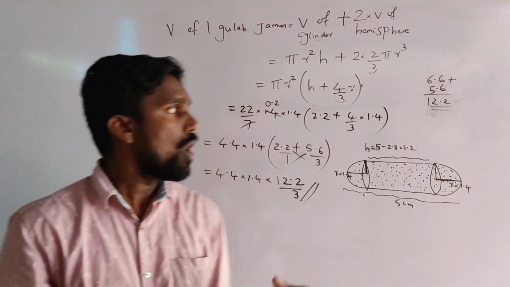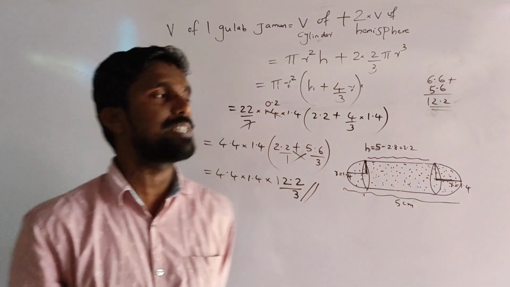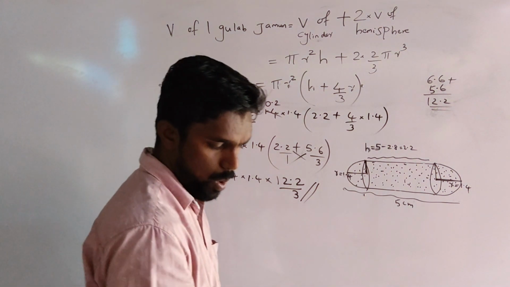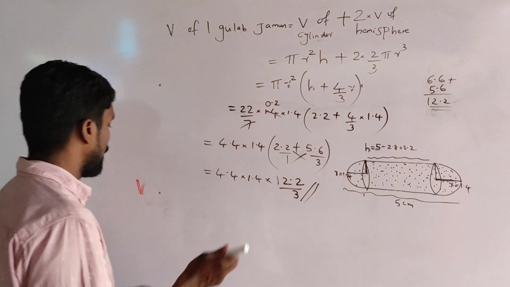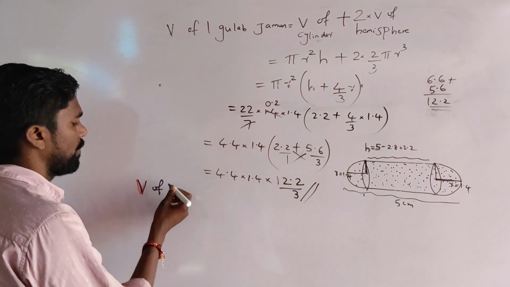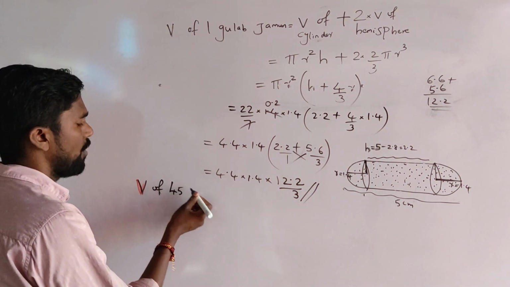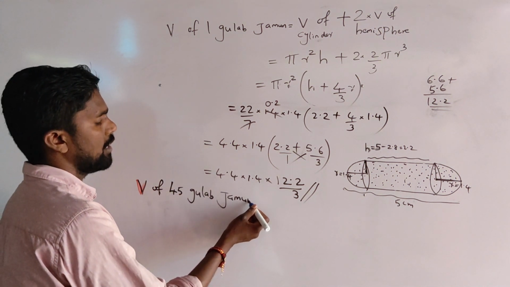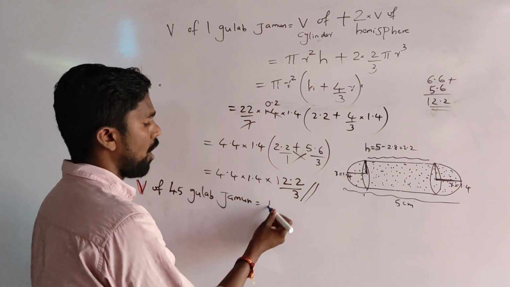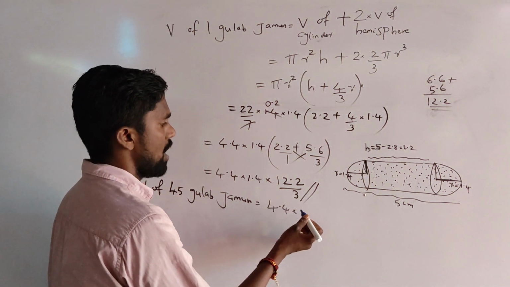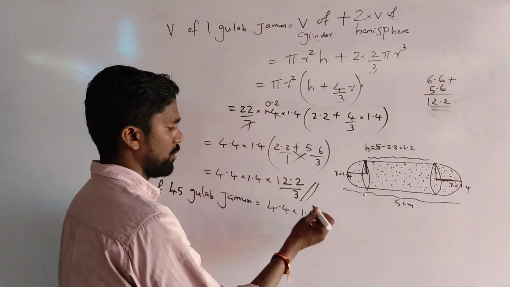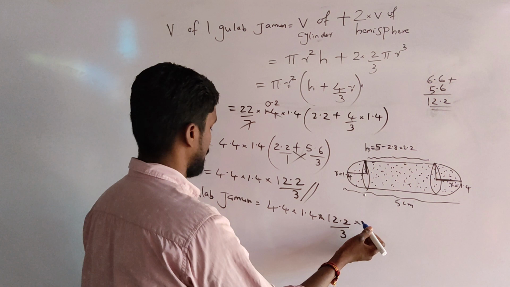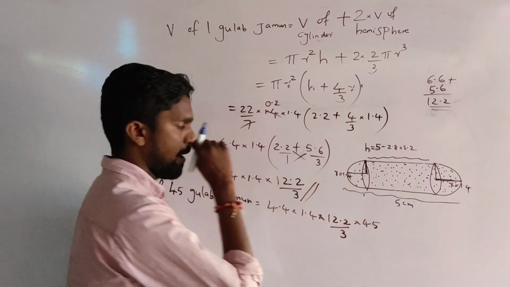In our question, 45 gulab jamuns are there. The volume of 45 gulab jamuns is 4.4 into 1.4 into 12.2 by 3 into 45.